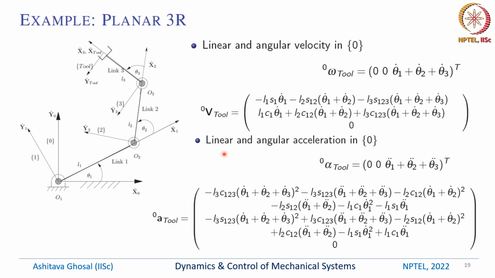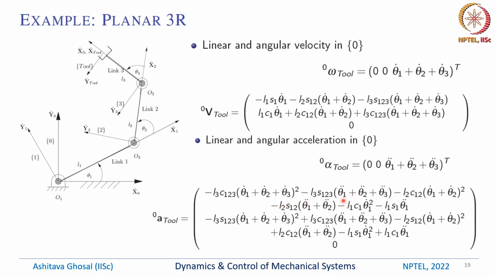We can sort of intuitively guess that it will have some centripetal term. It will also have some tangential acceleration, and we can see that there will be some sine and some cosine of the angles. And that is exactly what you can see.